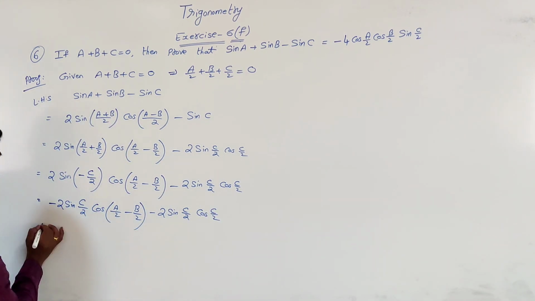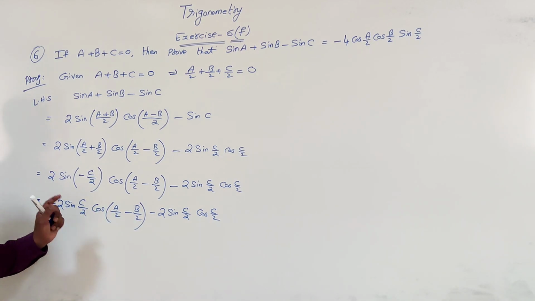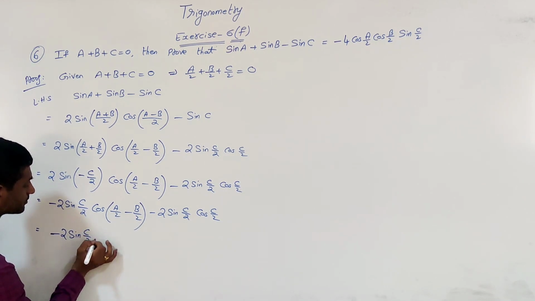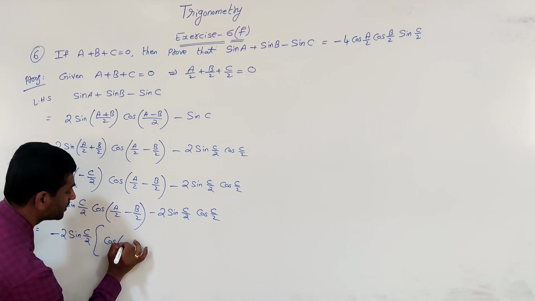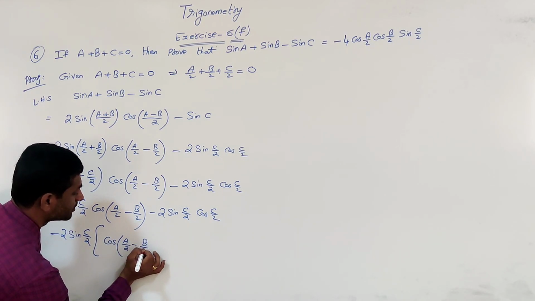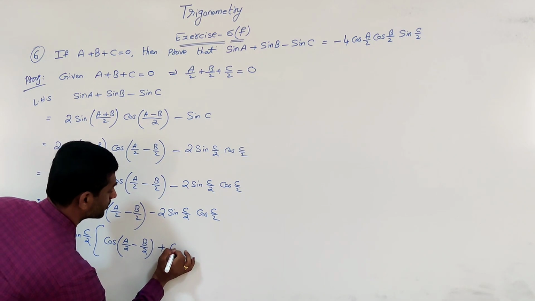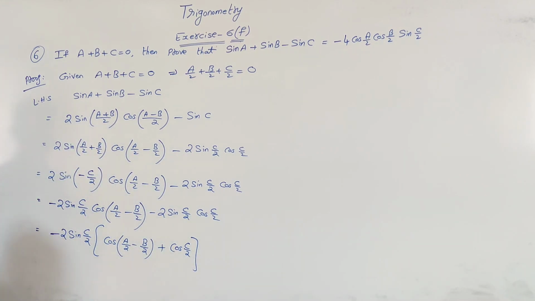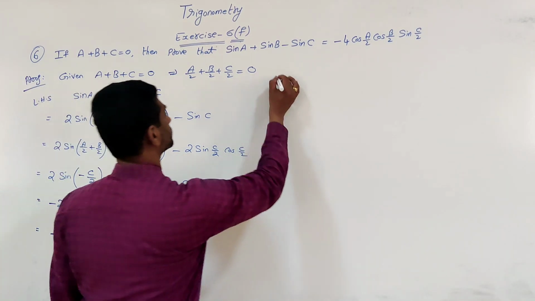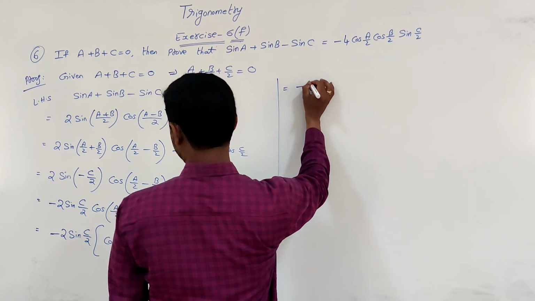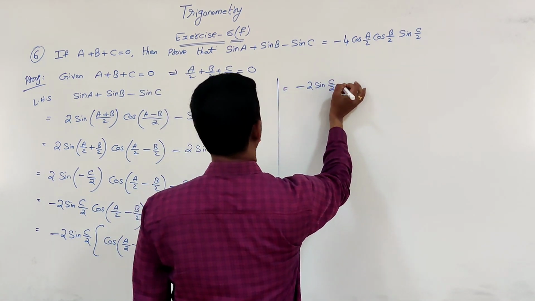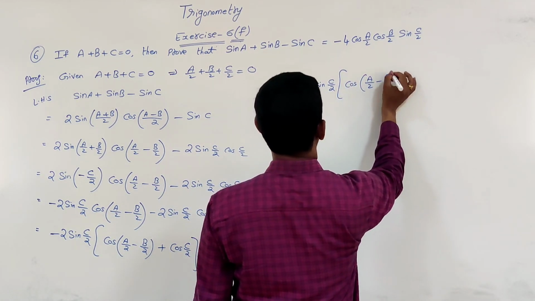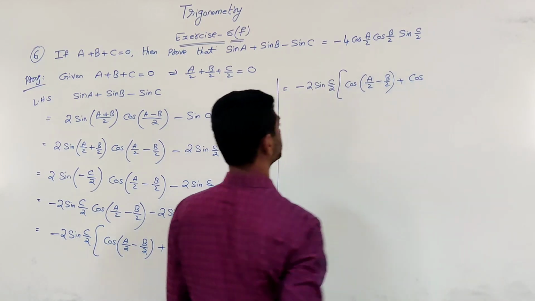From these two terms we can take minus 2 and sin(C/2) as common elements. We can take minus 2 sin(C/2) as common. Then the terms left over are cos((A−B)/2) plus cos(C/2). So minus 2 sin(C/2) times [cos((A−B)/2) + cos(C/2)].